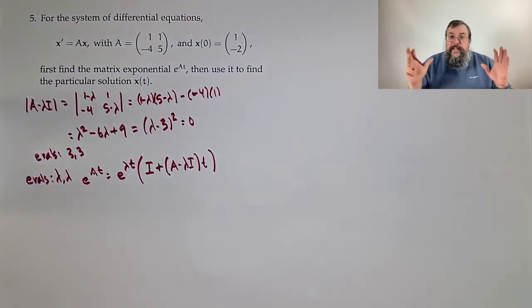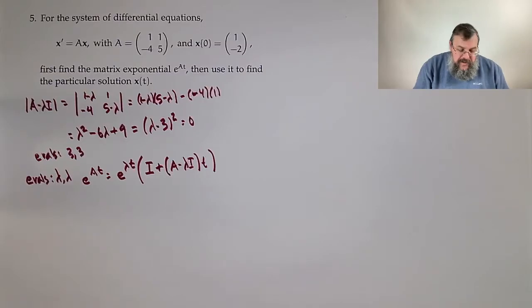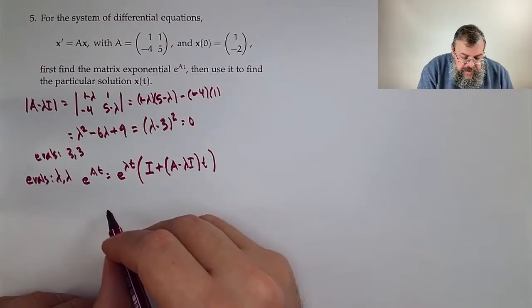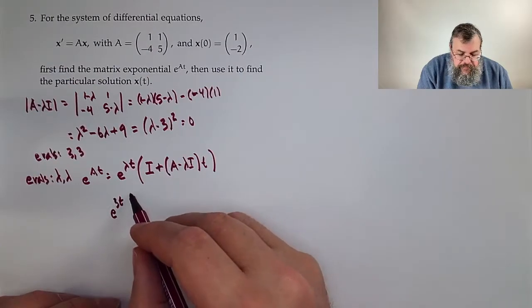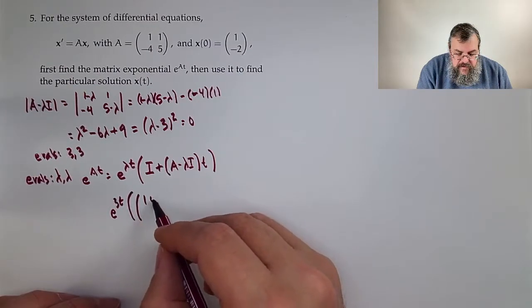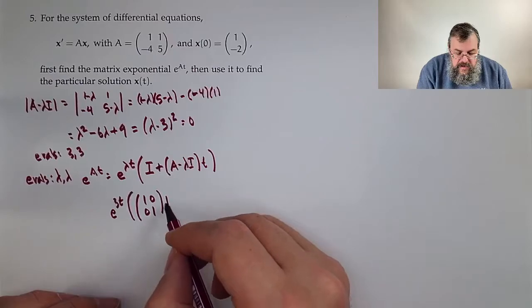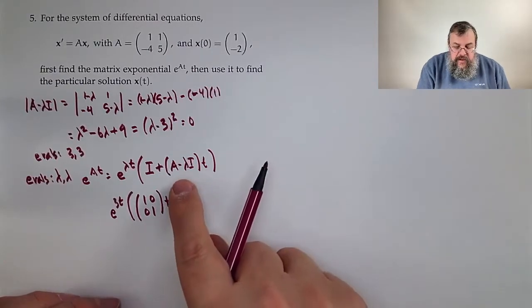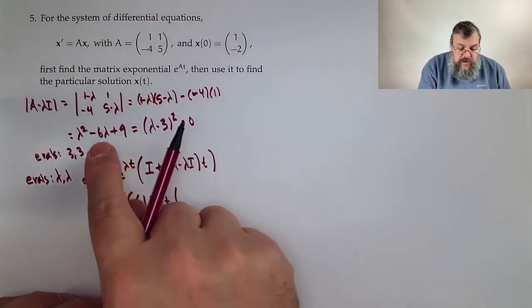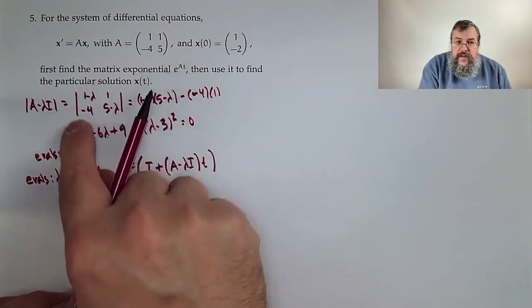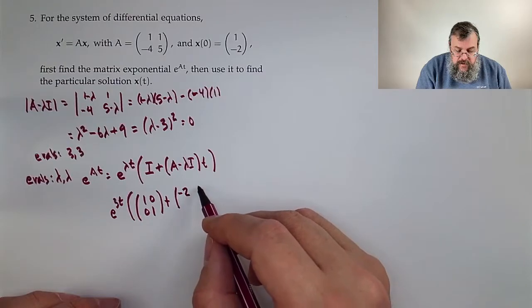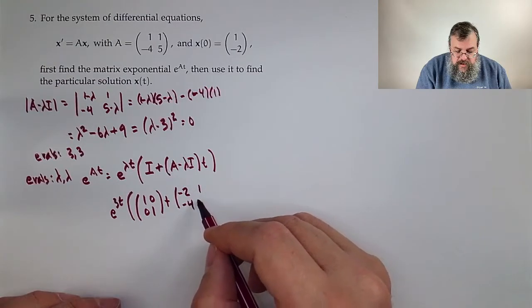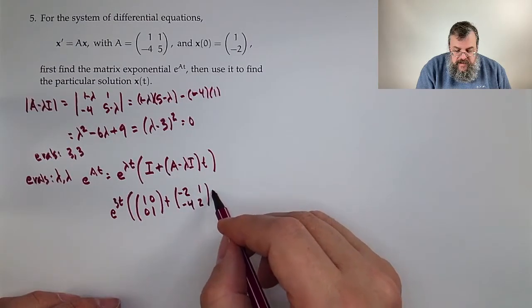And that's it. That's the whole expression. So in our case, we would have e to the 3t, identity matrix [1, 0; 0, 1], and now A minus 3I. So basically we're taking this matrix and plugging in lambda equals 3. So it's [-2, 1; -4, 2] times t.